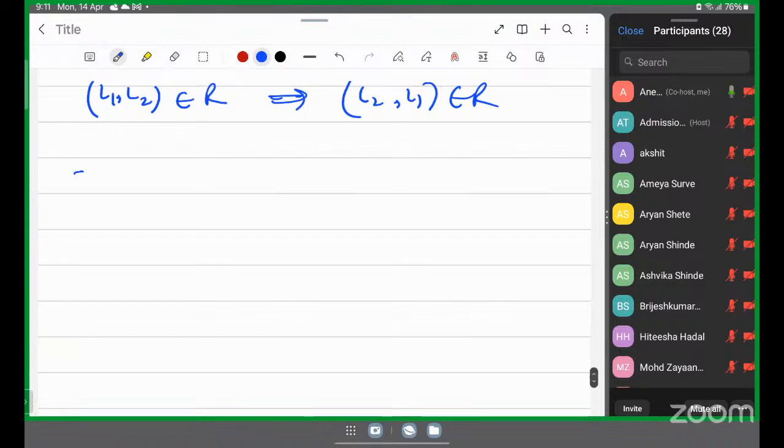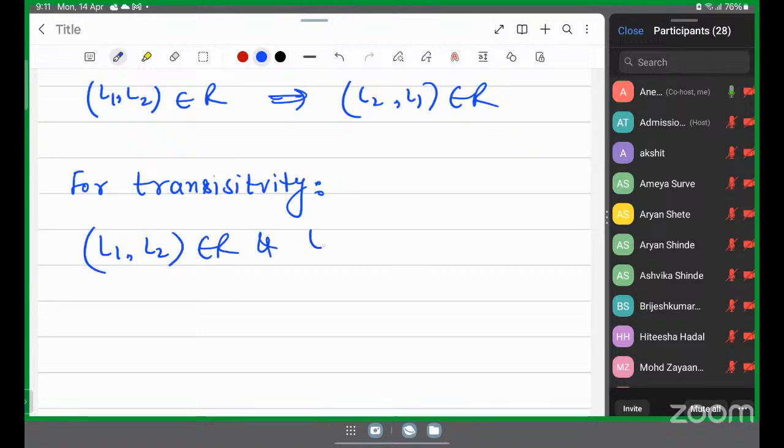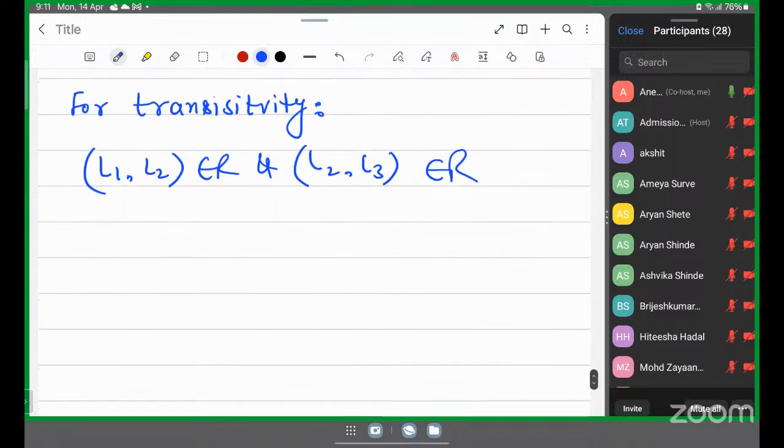Now we will look for transitivity. Let's say we have (L1, L2) belongs to R and (L2, L3) is also in relation R. So we have to check for the L1 and L3 relation. Will (L1, L3) be in relation R or not?